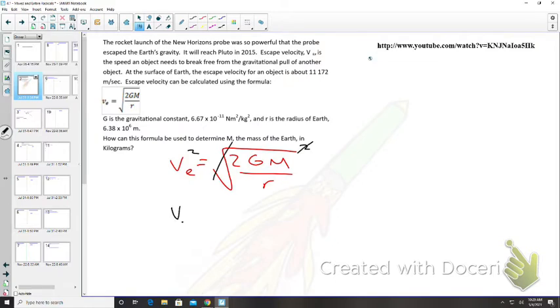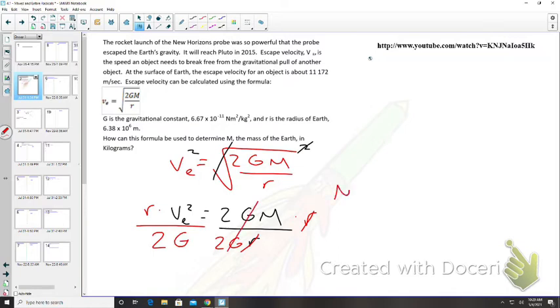Now I have VE squared is equal to 2GM over r. And remember, we're solving for mass here, right? So if we're dividing by r, we should multiply both sides by r. Those cancel. And then lastly, to get that m by itself, we'll divide by 2G.